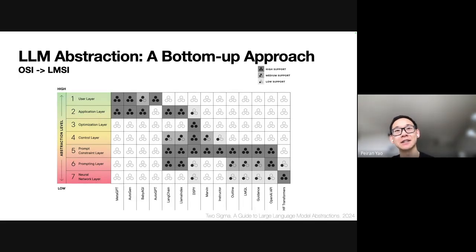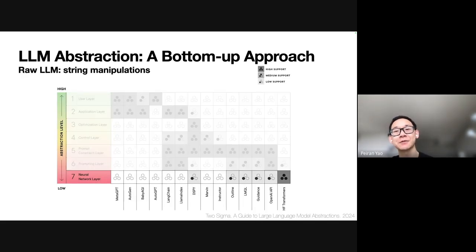But here I'm just copying their abstraction model, trying to group the things I found interesting from the bottom to the top level. The bottom level is where you're directly interacting with some neural networks to do the next word prediction.